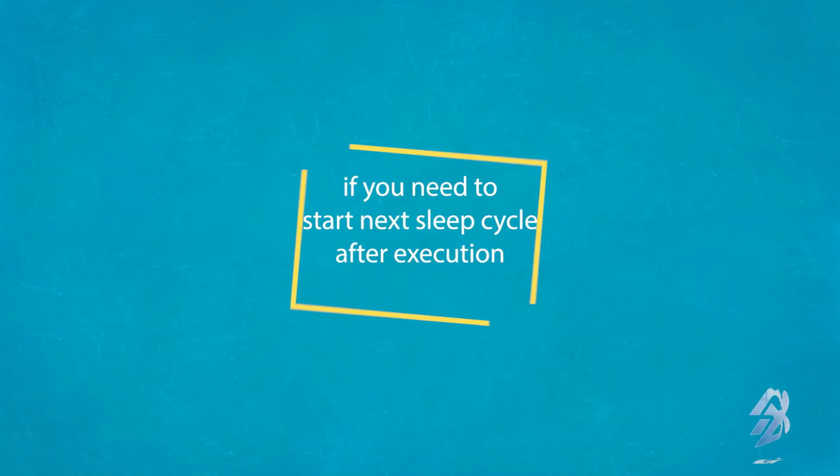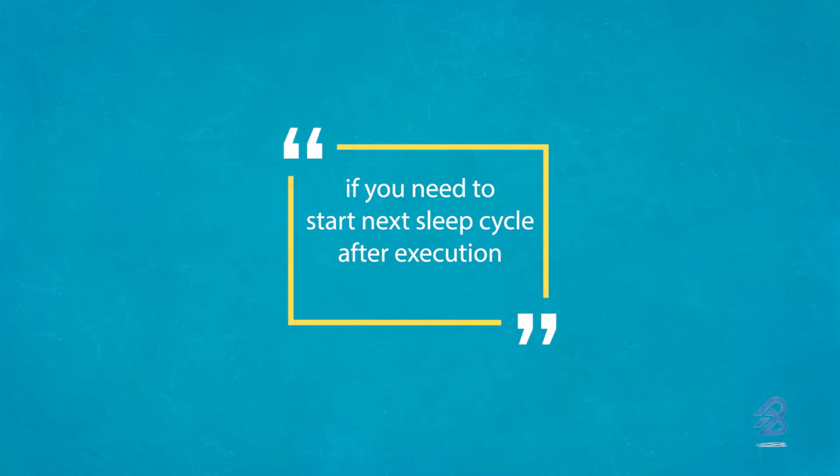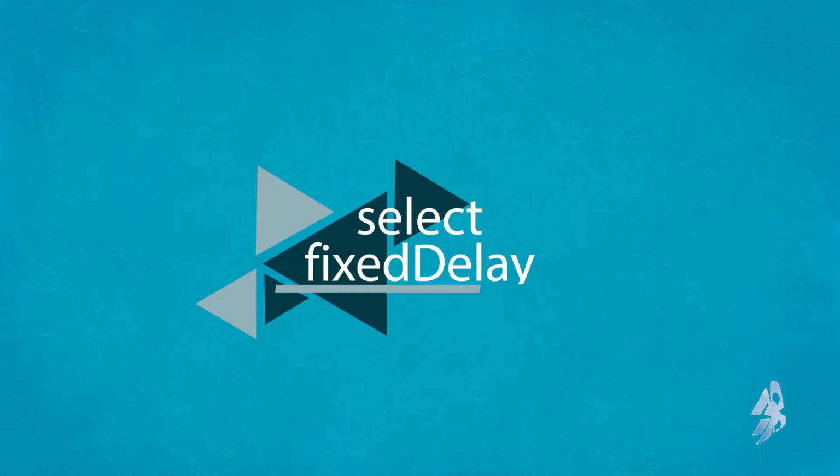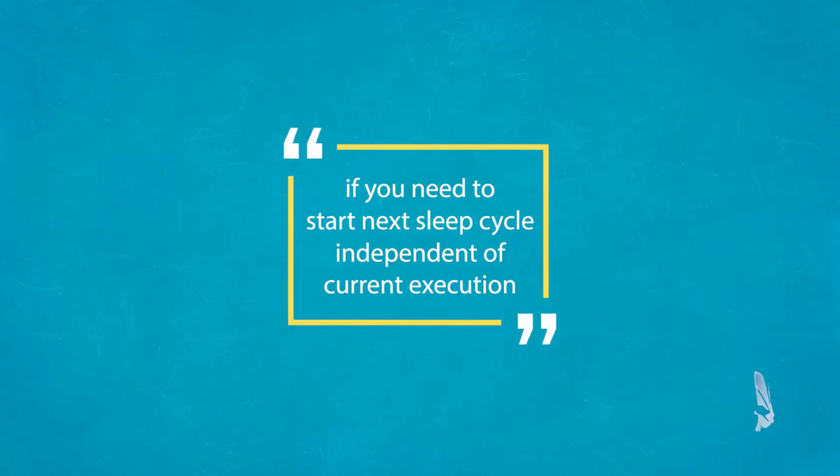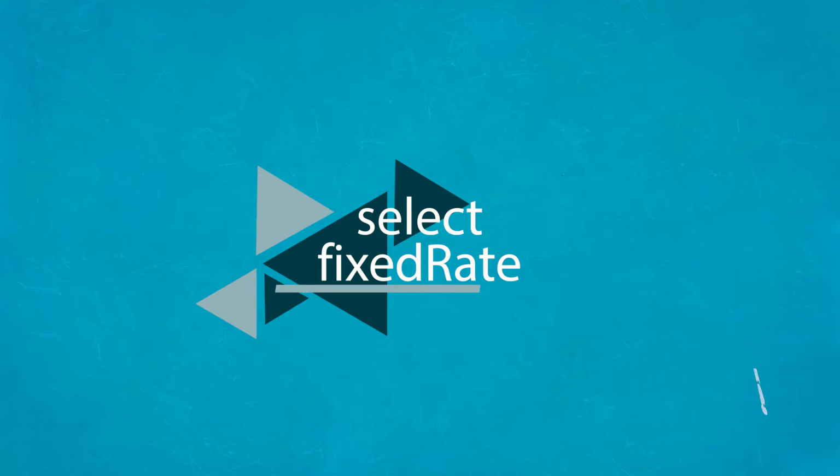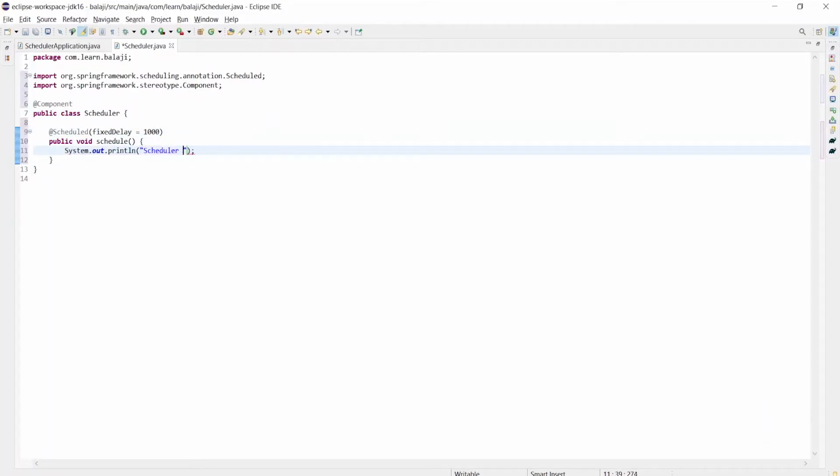So please be aware, this property needs to be carefully selected based on your need. If you think your application needs to wait and start the timer after the execution of the business logic, go for fixedDelay. And if you think, irrespective of the execution or business logic time period, you need to run the task at every predetermined interval of time, then go for fixedRate.